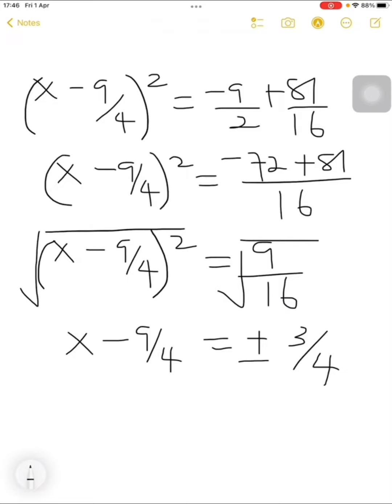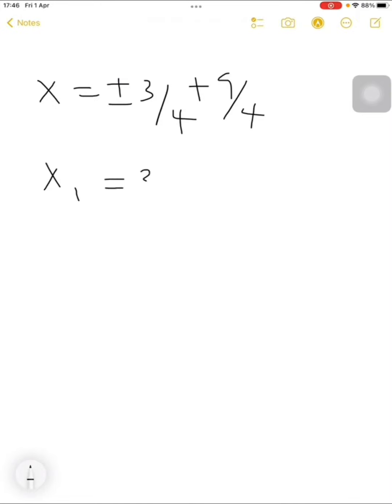Okay, x is equal to plus or minus 3 over 4 plus 9 over 4, right? So x1 is equal to 3 over 4 plus 9 over 4.